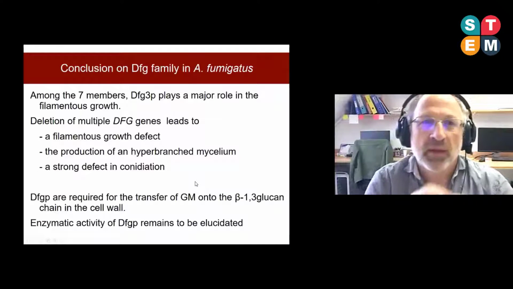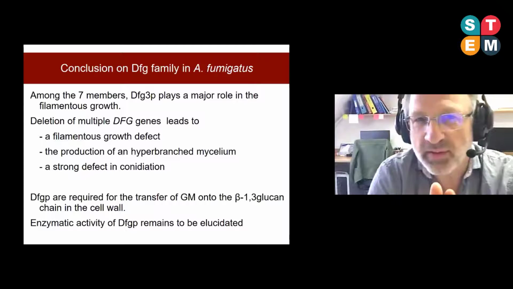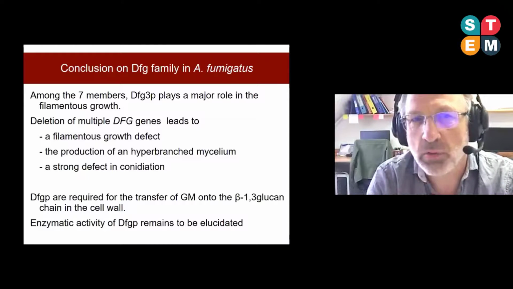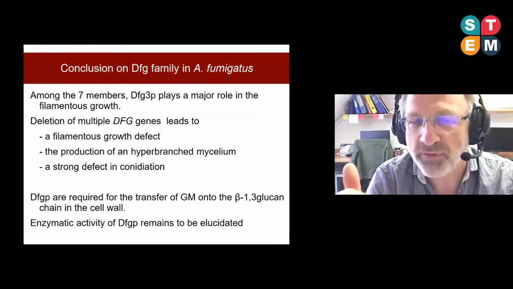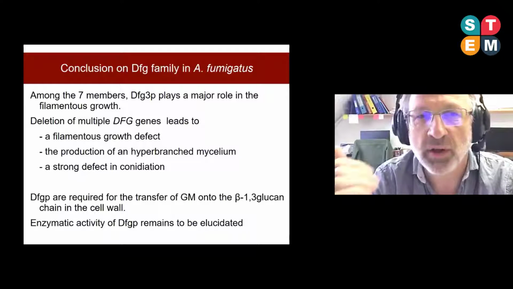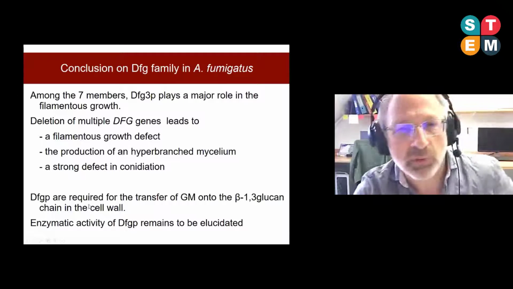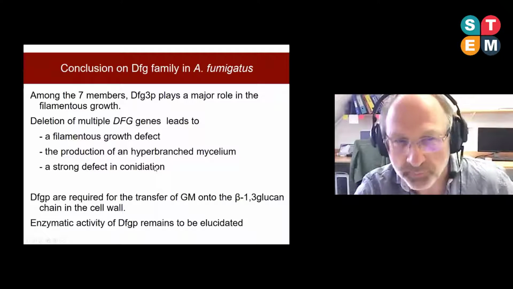We observe that DFG3 plays a major role in filamentous growth, and some DFG genes are involved, as for Aktr4 and Aktr7, in filamentous growth, and also, though I did not have time to show it, in the conidiation.